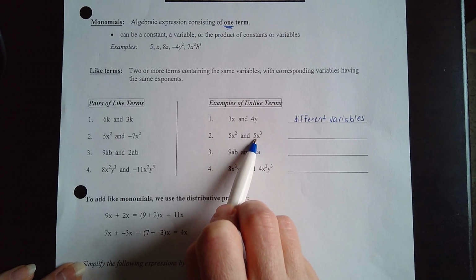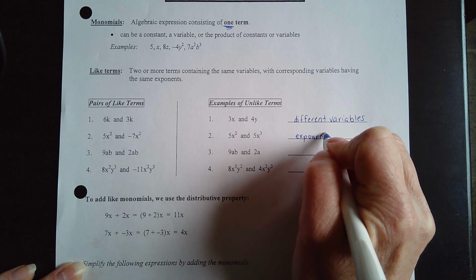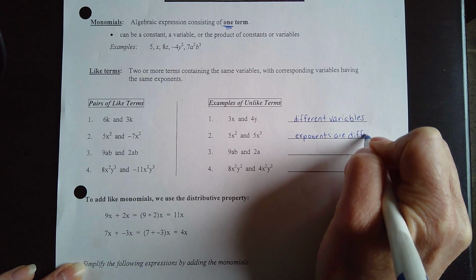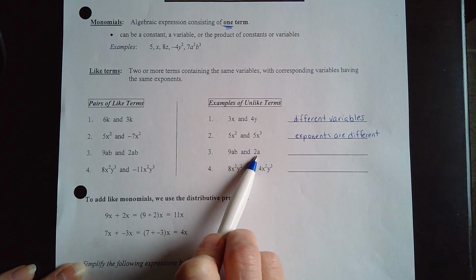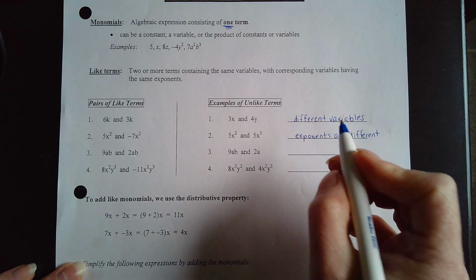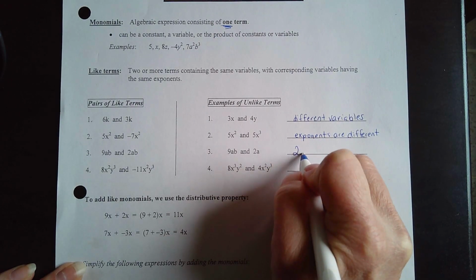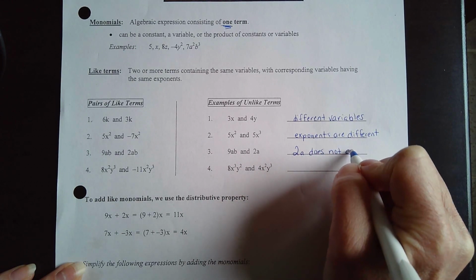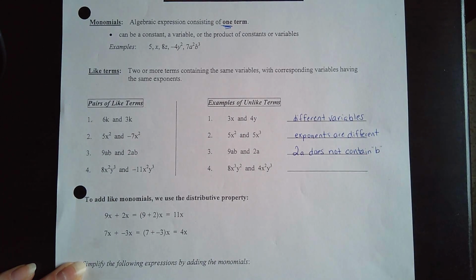They do have the same variable x, but the exponents are different. These 2 terms, 9ab and 2a, are not like because the second term, 2a, is missing the b. So we could say 2a does not contain the variable b.